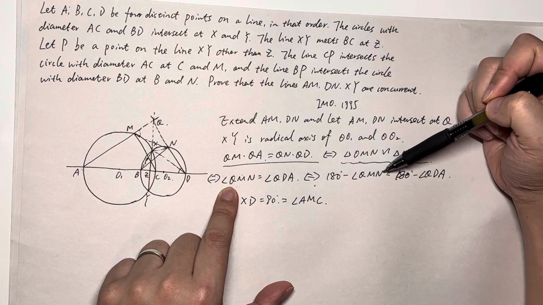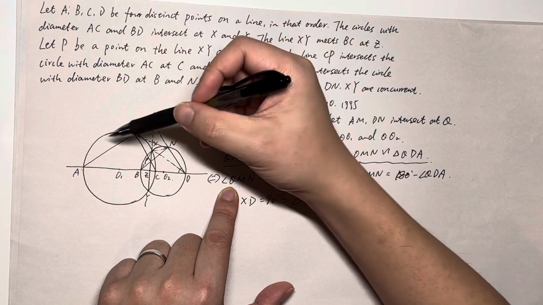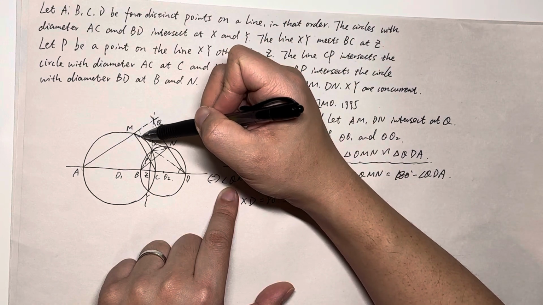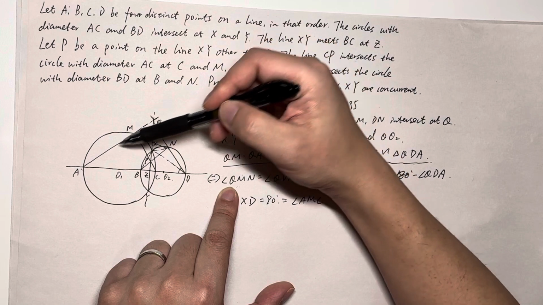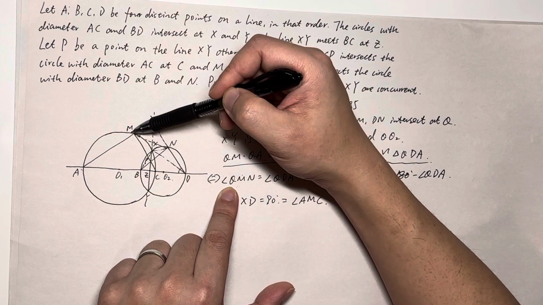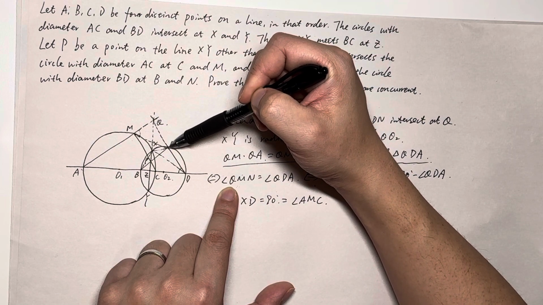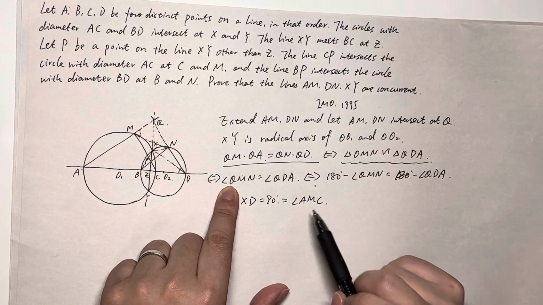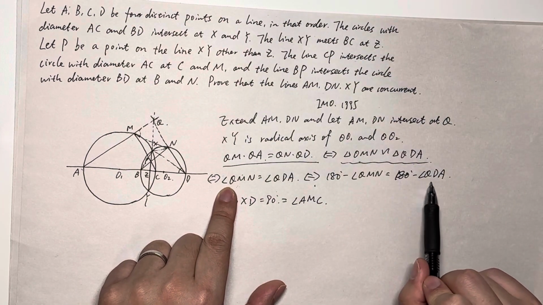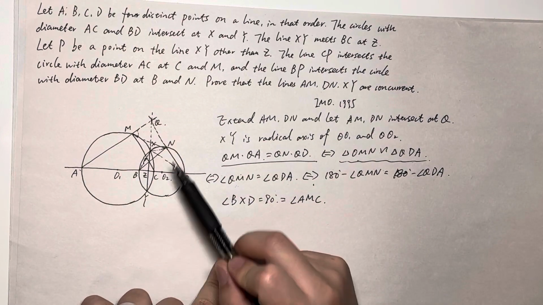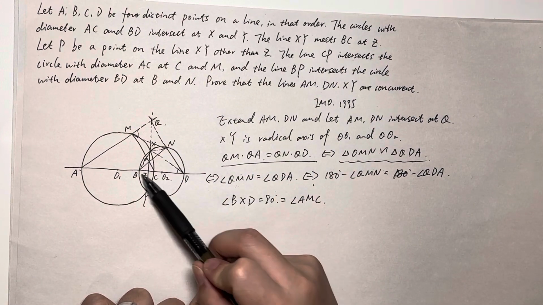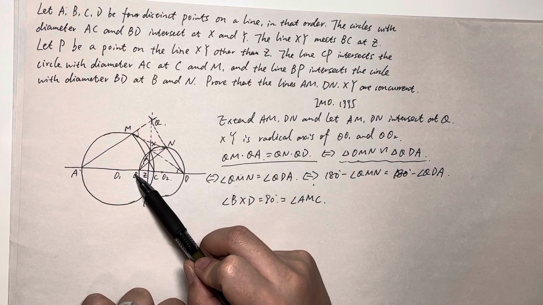180 degrees minus angle QMN, that is this angle, right? The angle AMN, which is 90 degrees plus angle CMN, right? And 180 degrees minus angle QDA is 180 degrees minus angle NDA, NDB, right?